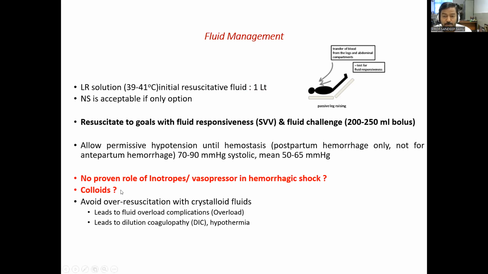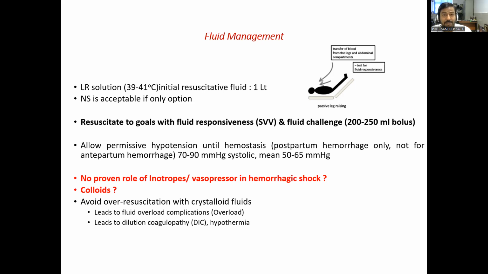So there is no proven role of inotropes and vasopressors. You are increasing blood pressure at the cost of severe vasoconstriction by giving vasopressors, or you are increasing inotropy and chronotropy of the heart and increasing cardiac output. How will these drugs work if there is no intravascular volume, if preload is low and you are increasing afterload? Would this be beneficial? Not at all.